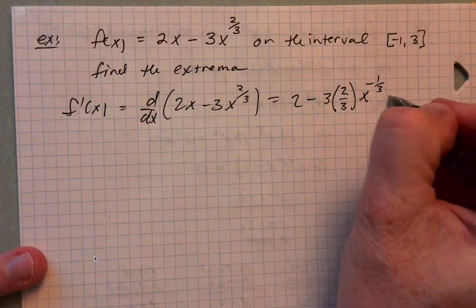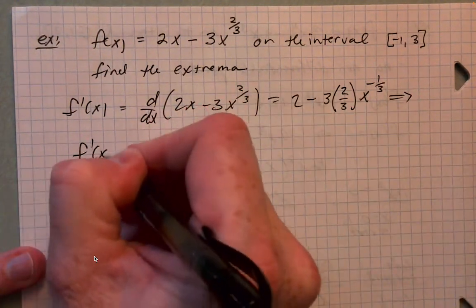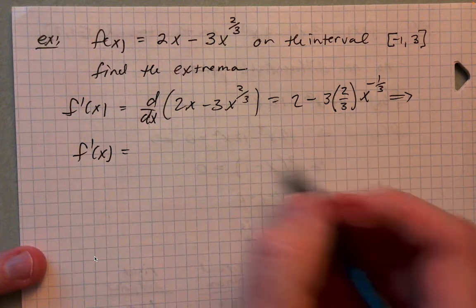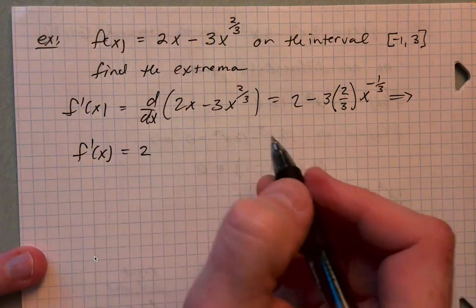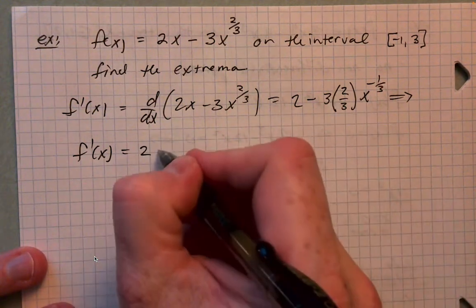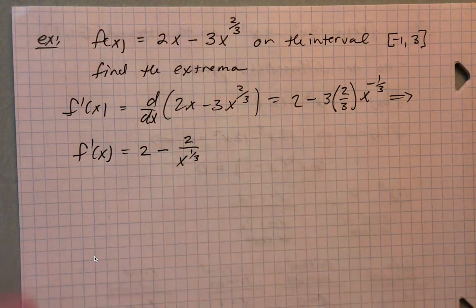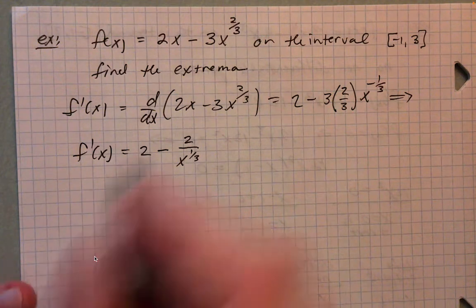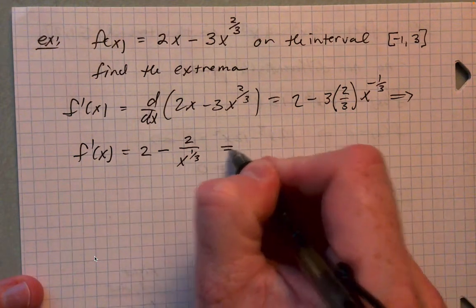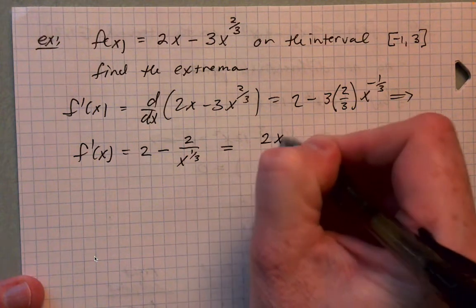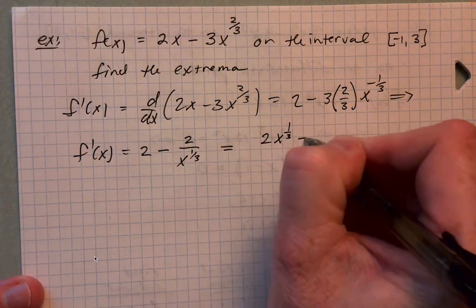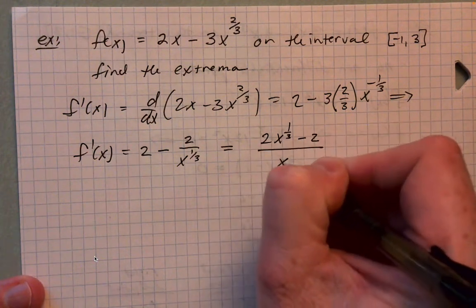And so we can clean this up a little bit. Let's write it as 2, the 3's will cancel, minus 2 over x to the 1/3 power. So that's what this one looks like. I think we can write it better. Let's write it like this: 2x to the 1/3 minus 2, all divided by x to the 1/3.